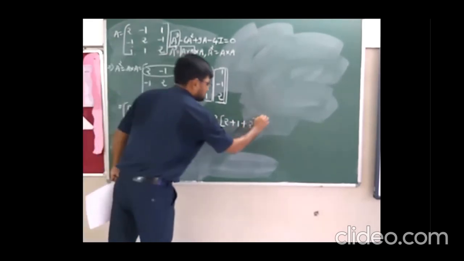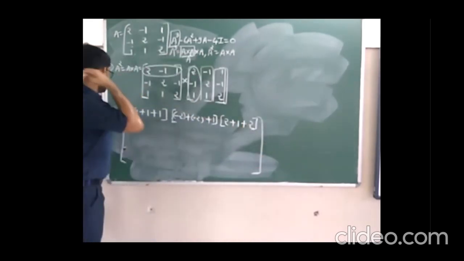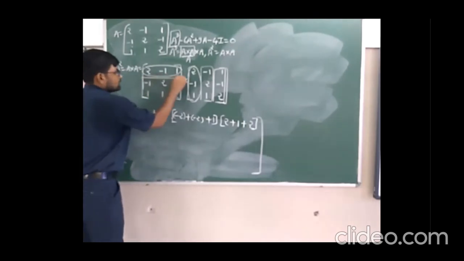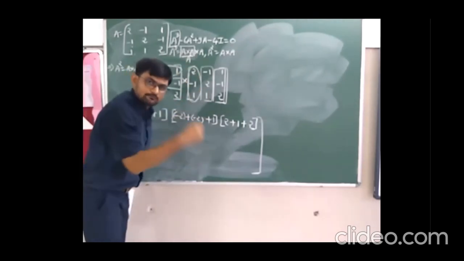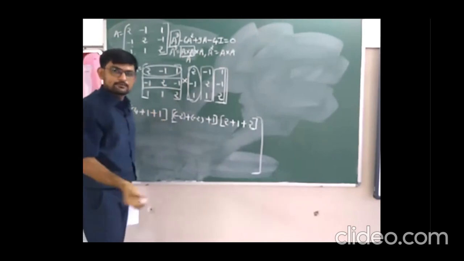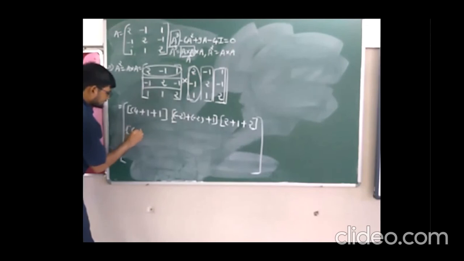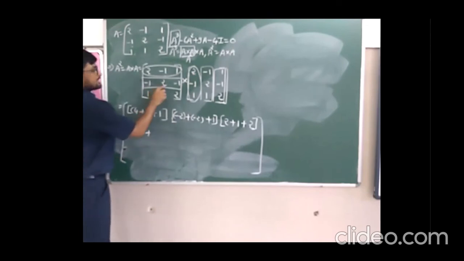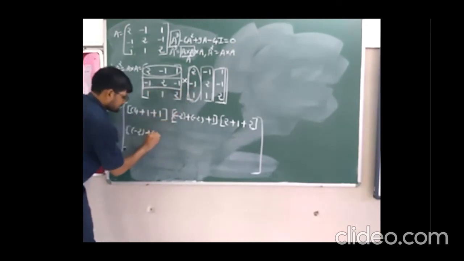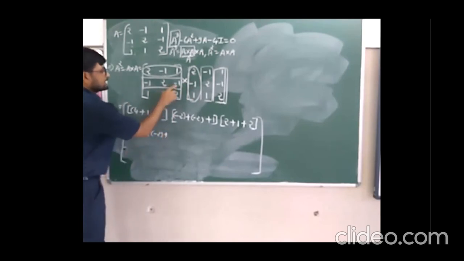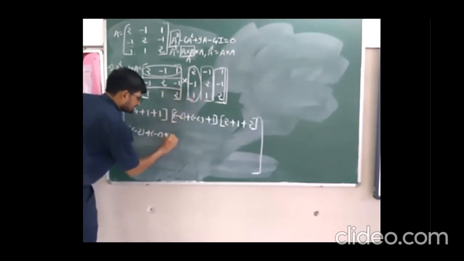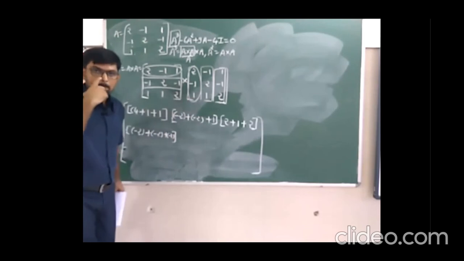Okay, after this we'll multiply second row with all columns. Okay, again we'll do the same process. First element into first element, minus 2, plus second element into second element, minus 2, plus third element into third element, minus 1, because minus into plus is minus.